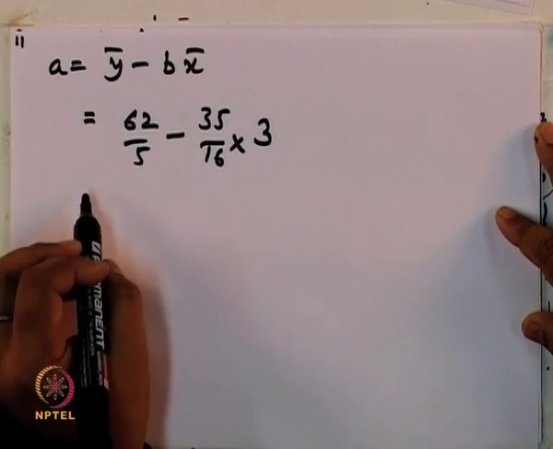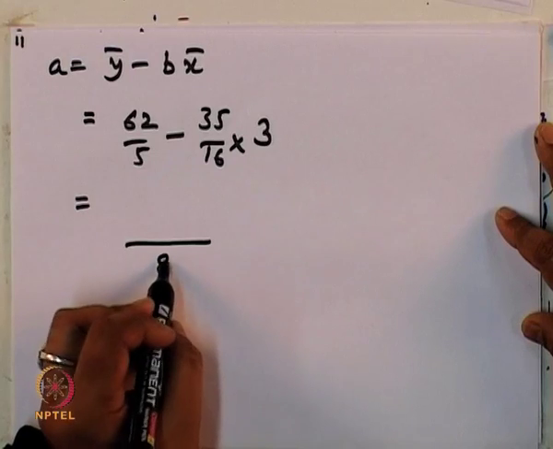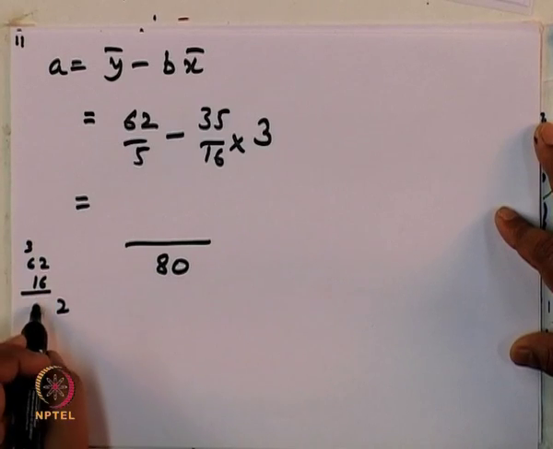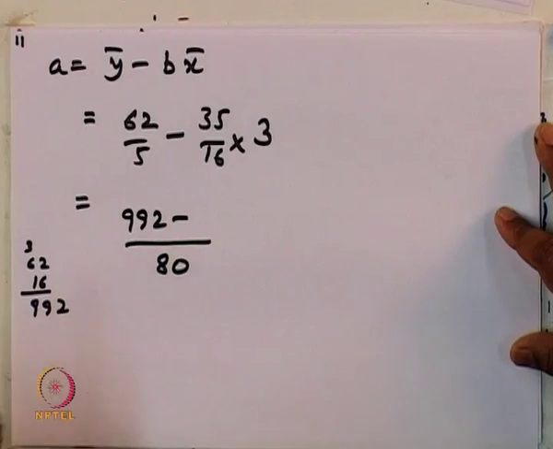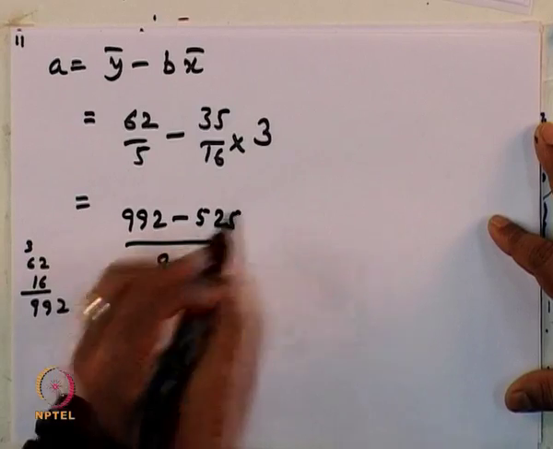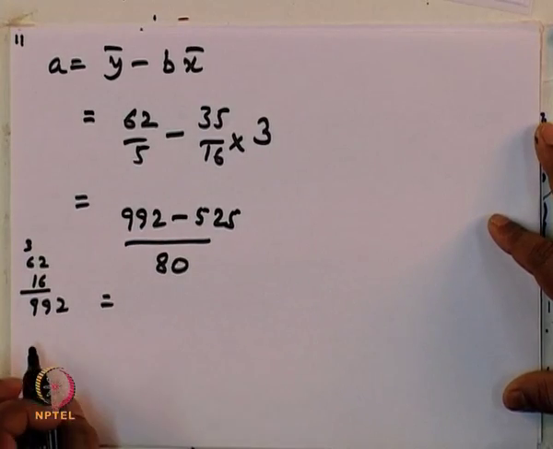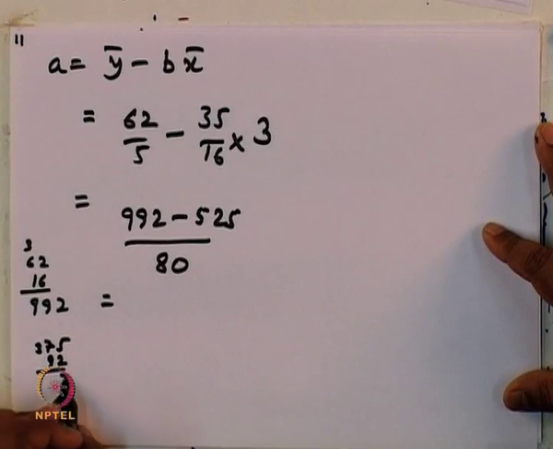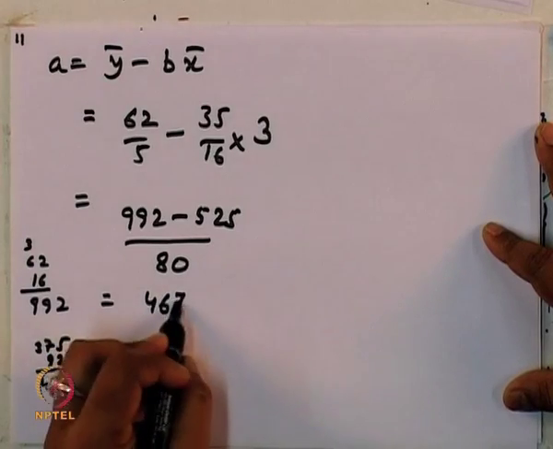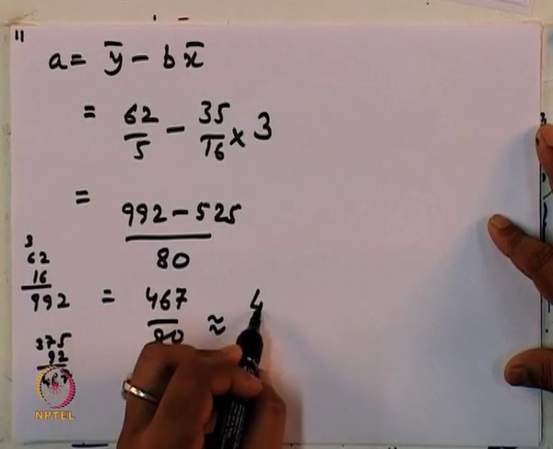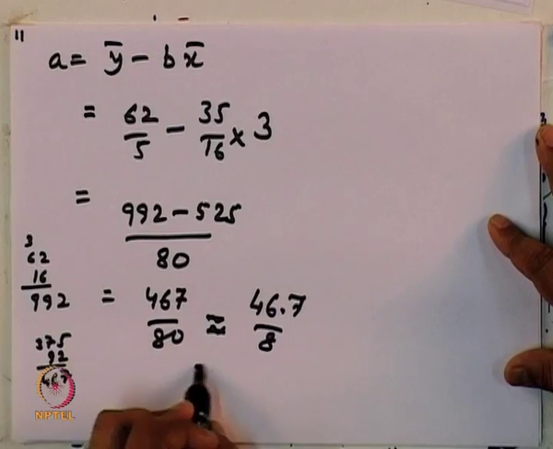So, I cannot cancel anything. 62 into 16 is 992, minus 525, so we get 467 by 80.